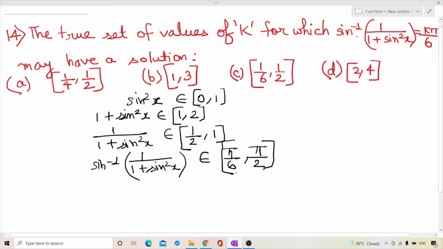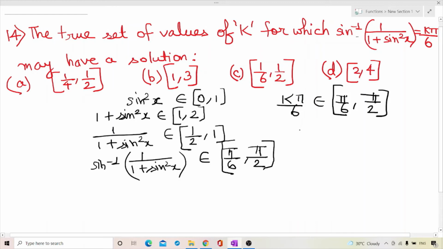Because sine inverse 1 is pi by 2. So now we have on the right hand side k pi by 6. It means that k pi by 6 belongs to pi by 6 to pi by 2.